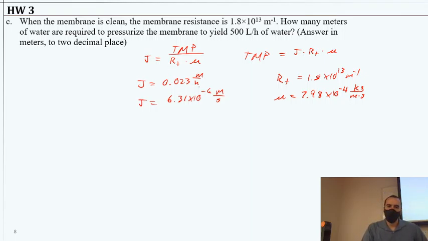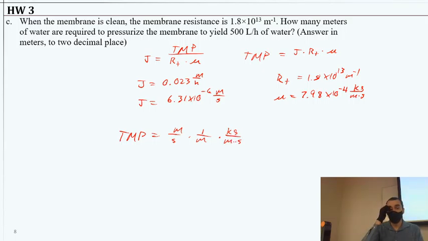Okay, so then we can put all those things into our equation, TMP, and we can double check the units, by the way. It's going to be meters per second times 1 over meters times kilograms per meter per second.